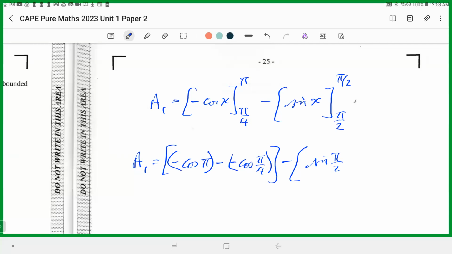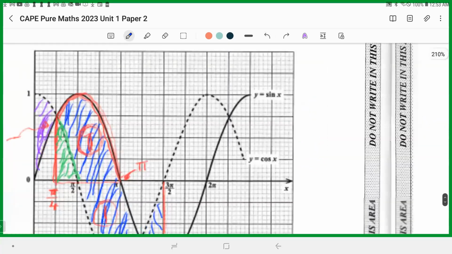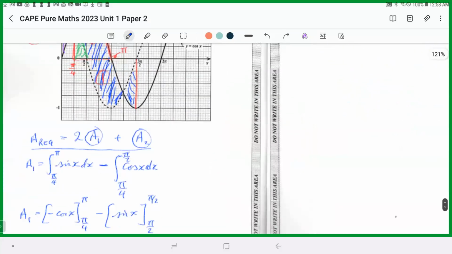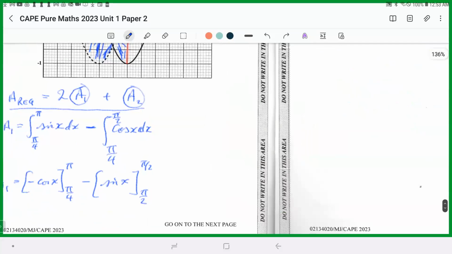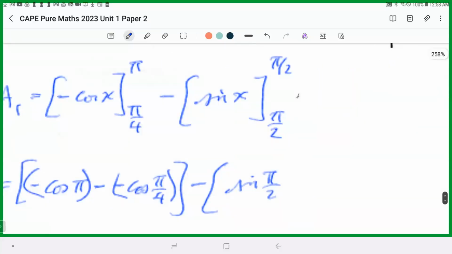It's supposed to be pi by 4, you know. Let's go back to it. It's from pi by 4 to pi by 2. Yeah. It's supposed to be pi by 4 only. So this is pi by 4. All right, so sine pi by 2 minus sine of pi by 4.